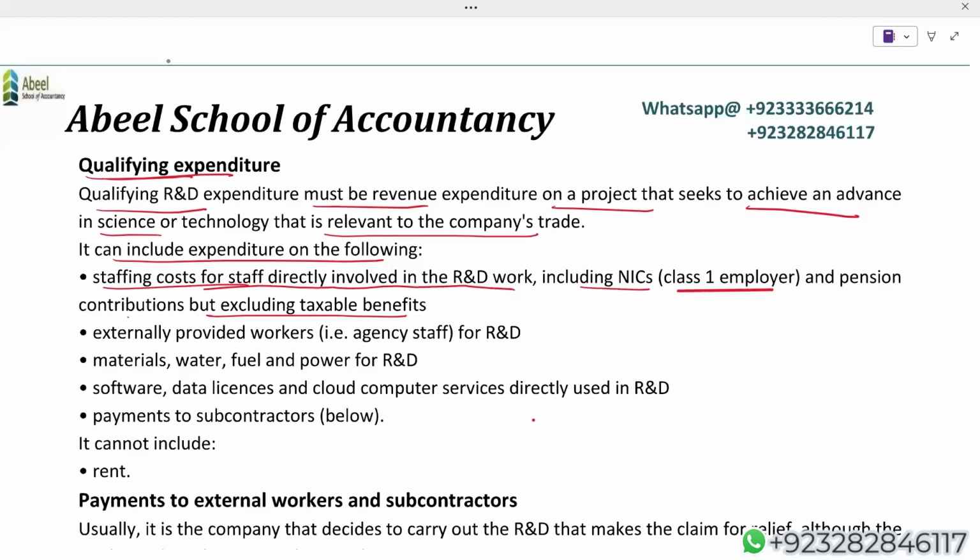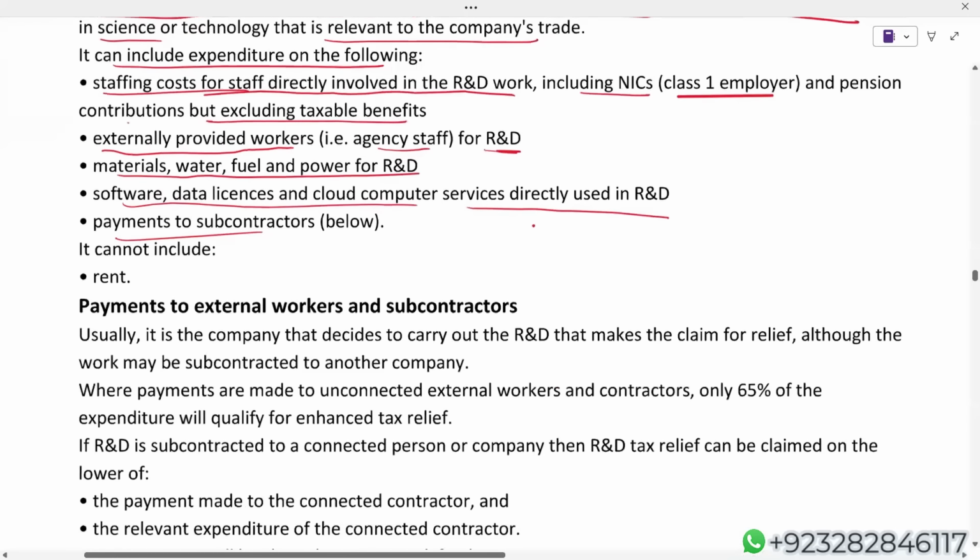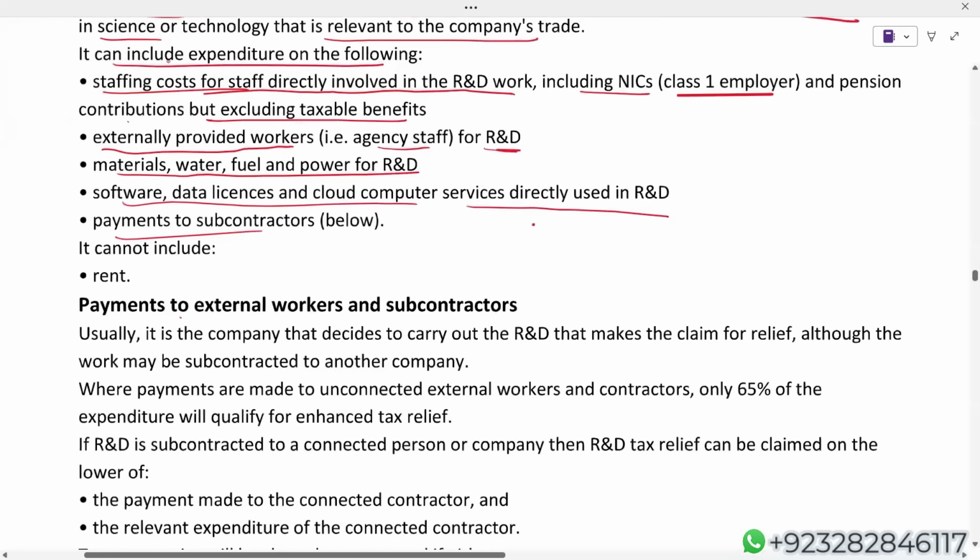Taxable benefit. Externally provided workers, agency staff for R&D, materials, water, fuel, power for R&D, software, data licenses, cloud computing services directly used in R&D, payments to subcontractors. It cannot include rent.